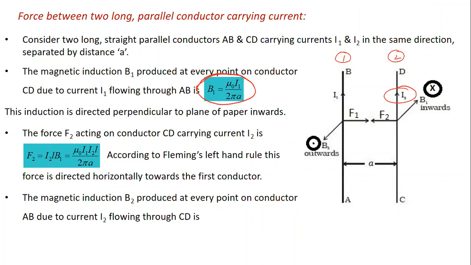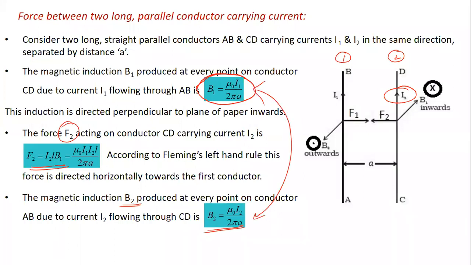Similarly, the force acting on the first conductor, F1, is equal to I1 L B2, and the magnetic induction B2 on every part of conductor 1 is mu 0 I2 divided by 2 pi A. You can see both formulas.